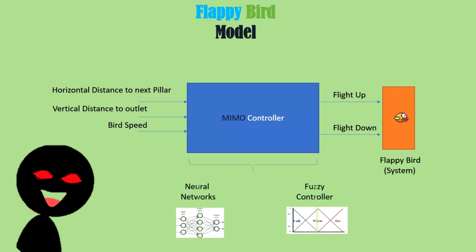Actually, this MIMO controller can be made by neural networks or a fuzzy controller. A fuzzy controller can be made, but we need really good expertise in the game. You need to know the game properly in order to make a fuzzy controller. But in the case of neural networks, you don't need any expertise. You are just based on some data, okay?